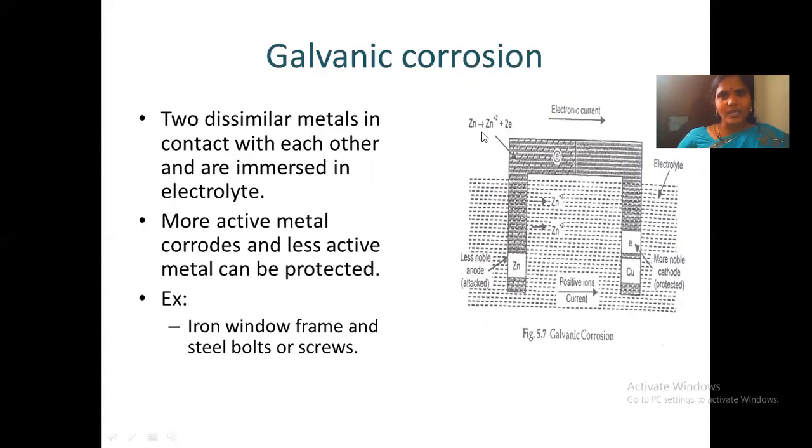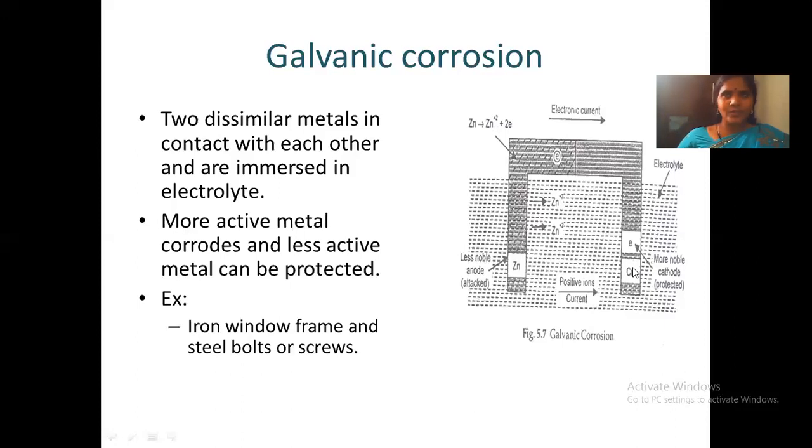Zinc undergoes oxidation, meaning it loses two electrons and releases Zn2+ ions. The electrons move towards the copper, and either the electrolytic solution containing positive ions accepts the electrons, or the oxygen in the atmosphere or in the electrolytic solution takes the electrons in the presence of moisture.